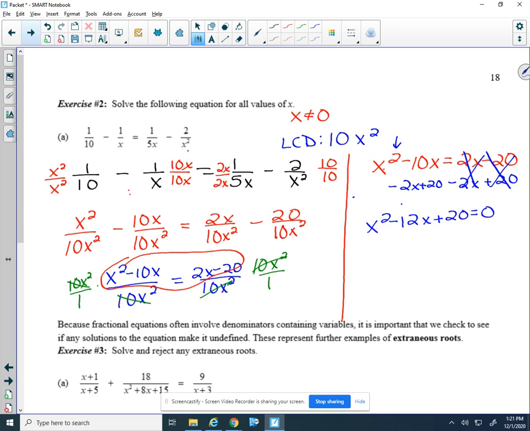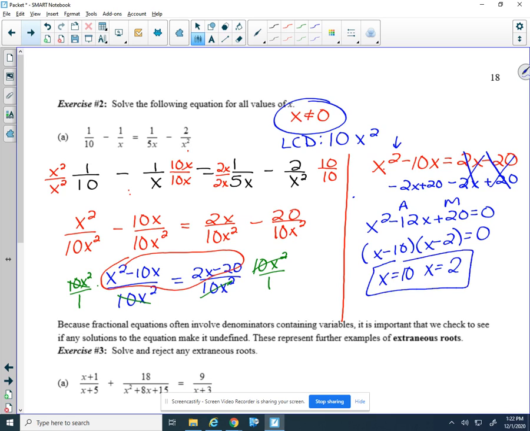And now we need to find numbers that add up to negative 12 and multiply to 20. So that's negative 10 and negative 2. Which gives me a 10, and then gives me a positive 2. So looking back, my only restriction was 0, so I can keep both of these answers. There are two solutions to this equation.